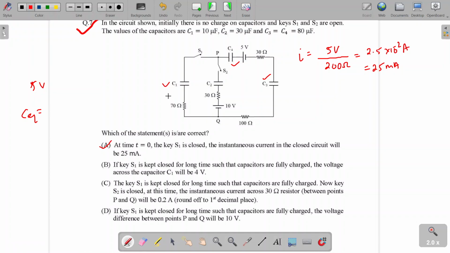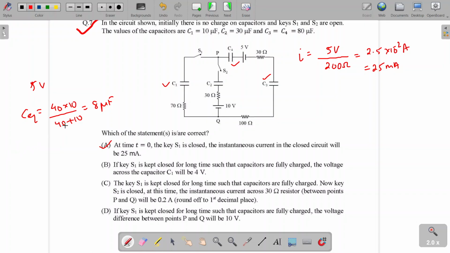So equivalent capacitance of C3 and C4, that would be 40 microfarad. Equivalent capacitance of 40 and 10, that we can find. This is 80 microfarad.